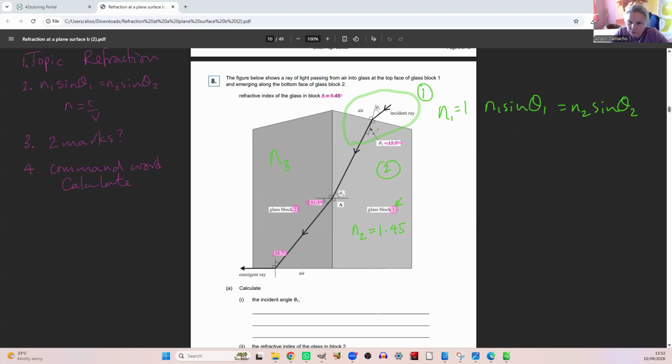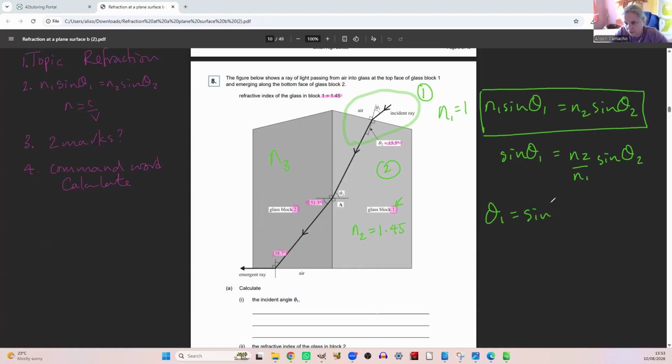And what I want is theta 1. So I'm going to now use this equation and I'm going to rearrange it. So I've got sine theta 1 is equal to N2 over N1 sine theta 2. And then theta 1 is equal to sine to the minus 1 of N2 over N1 sine theta 2.